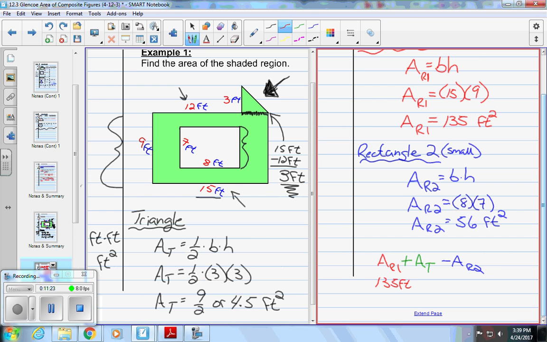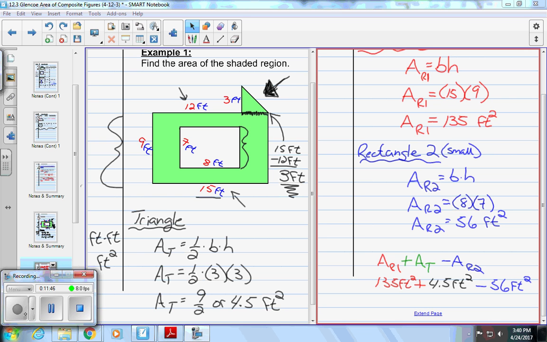135 feet squared plus 4.5 feet squared minus, because it's cut out, 56 feet squared. And once we do a little bit of that math there, we get 83.5 feet squared.